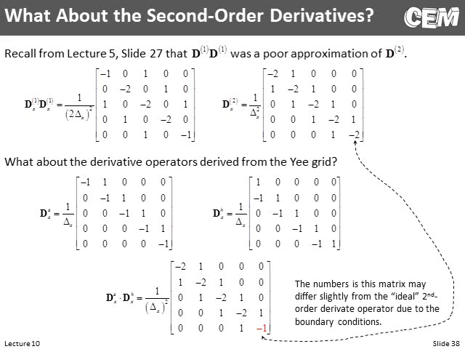So last lecture, we said, why can't we just multiply together two first-order derivative operators and get the second order? And we showed, because of the way we were doing our finite differences at the time, that that didn't work. Now we're on a Yee grid. Let's see what happens.